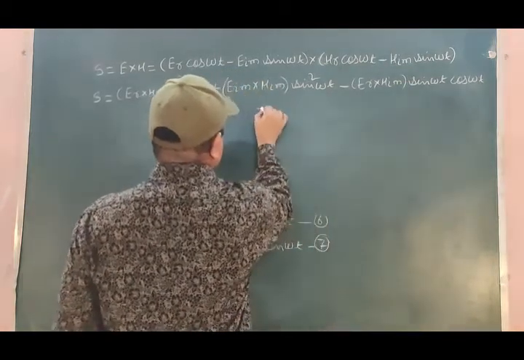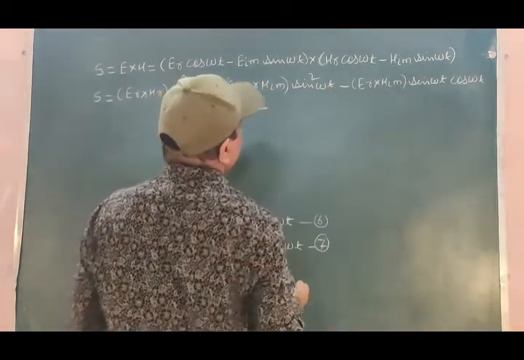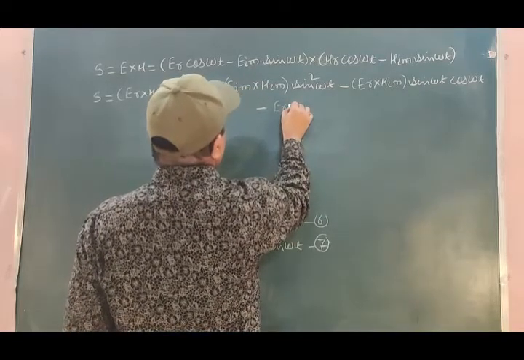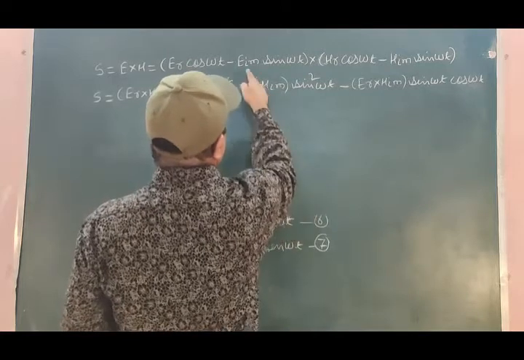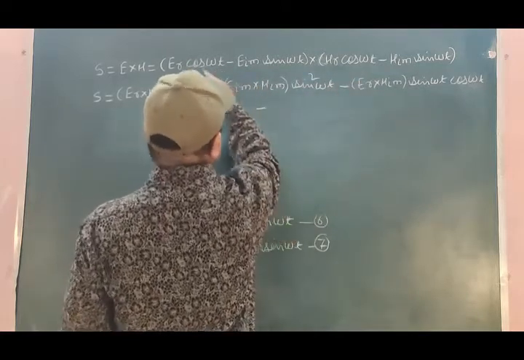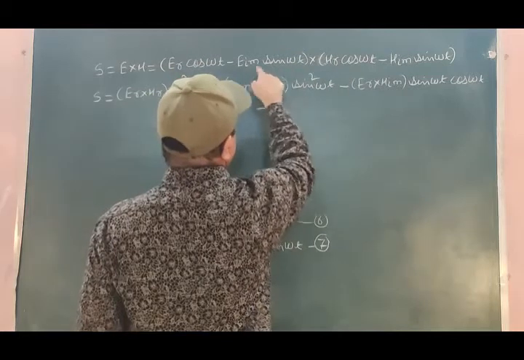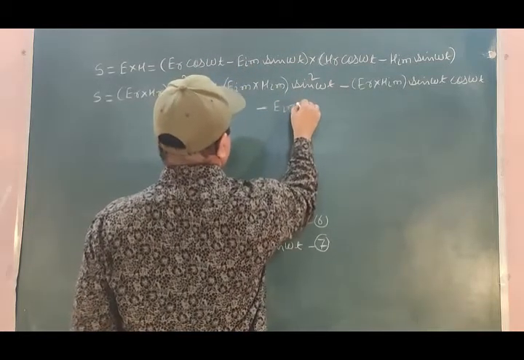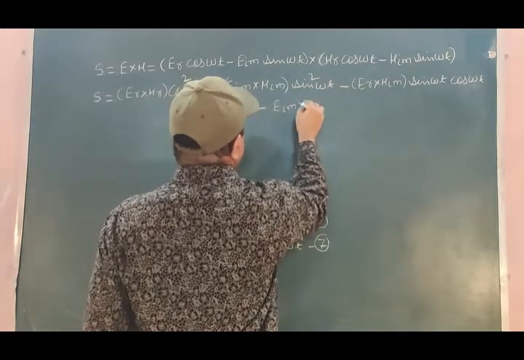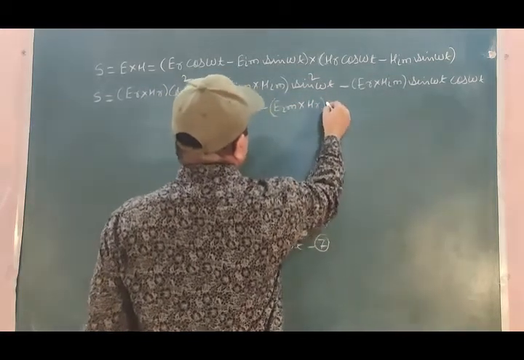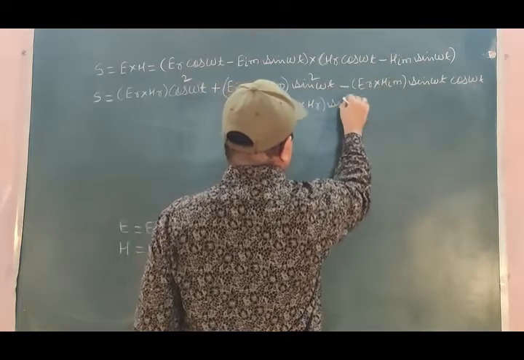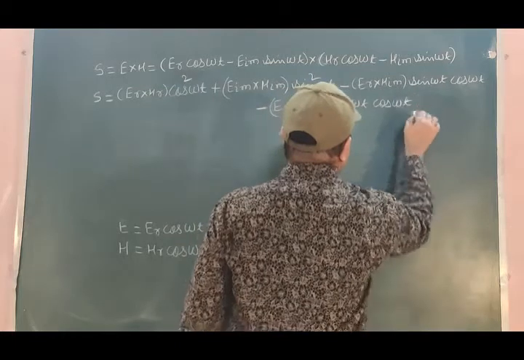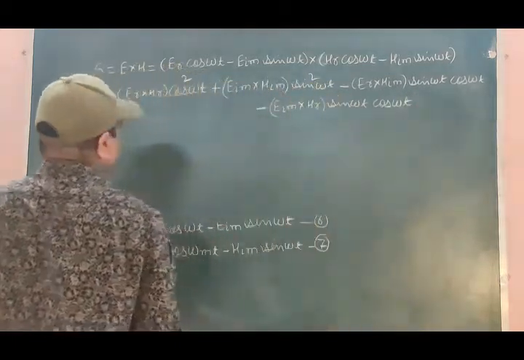minus the same thing again. We have taken ER, HIM, and now EIM, HR: EIM cross HR into sin omega t into cos omega t.